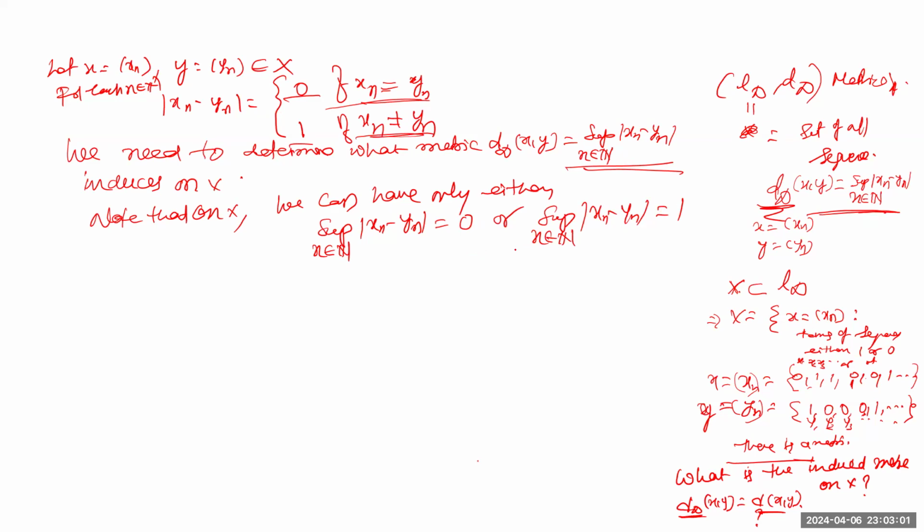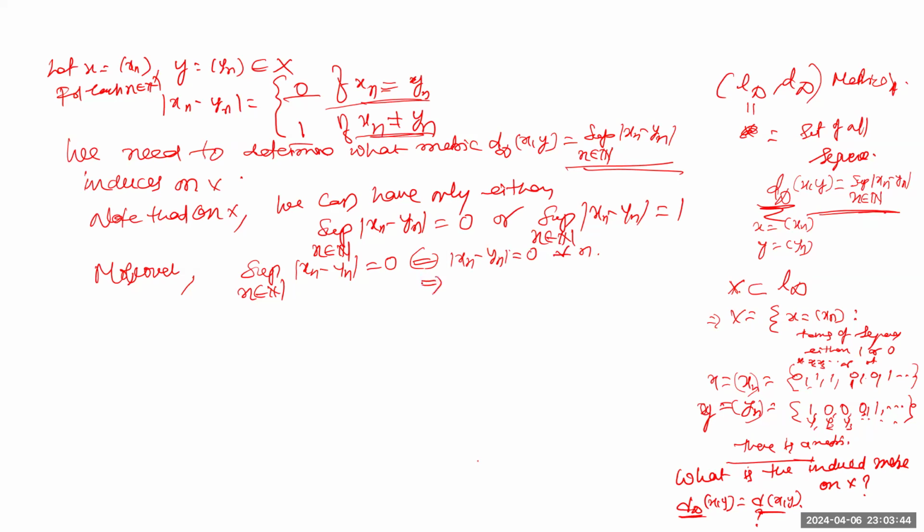Moreover, the supremum of mod x_n minus y_n, where n belongs to capital N, is equal to 0 if and only if mod x_n minus y_n is equal to 0 for all n.